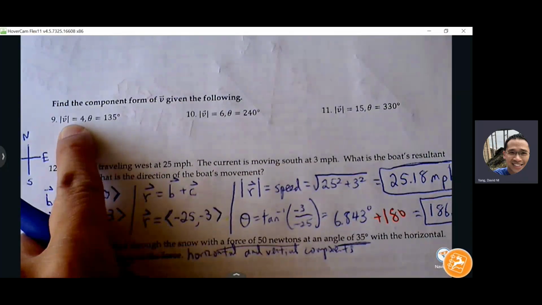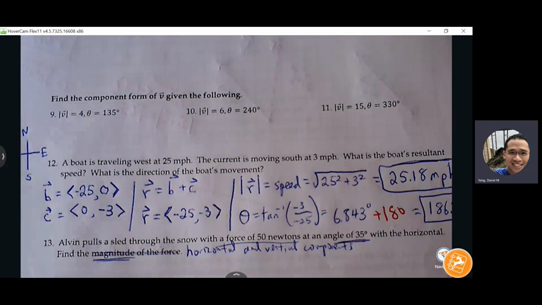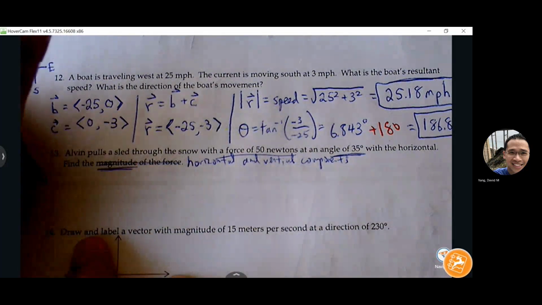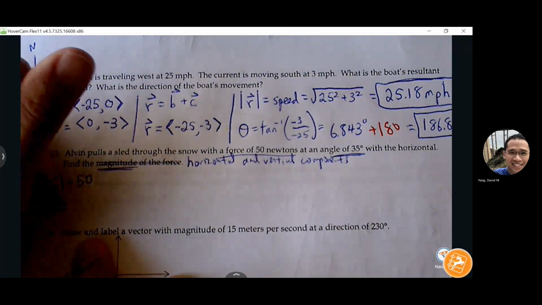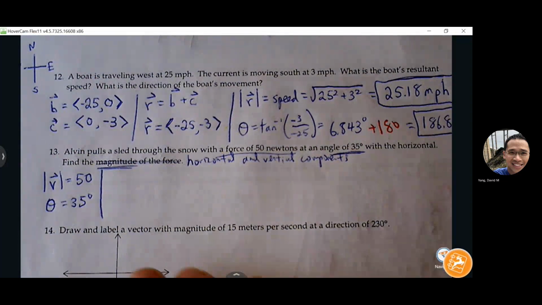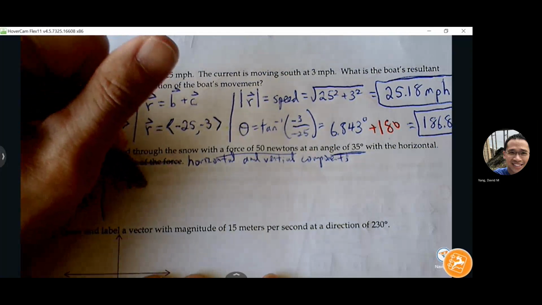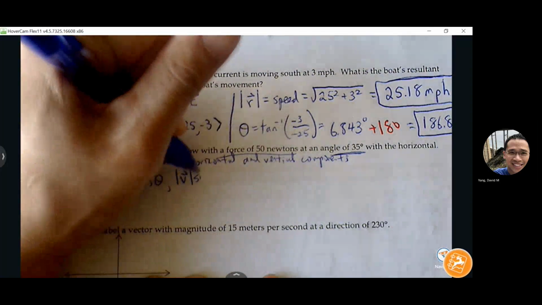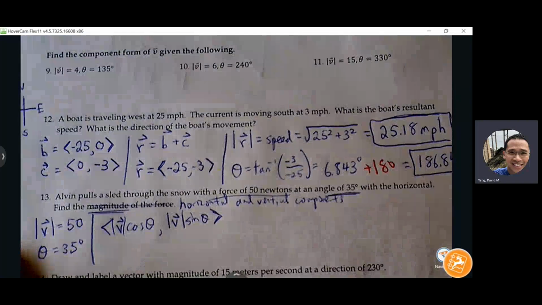You're given the magnitude, you're given the degree, and you're just using cosine and sine to get back to your component form. Just like 9 through 11.